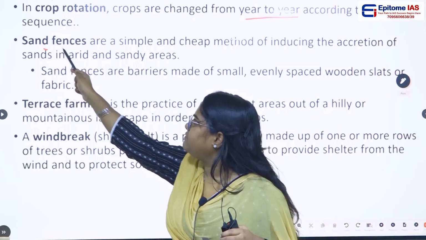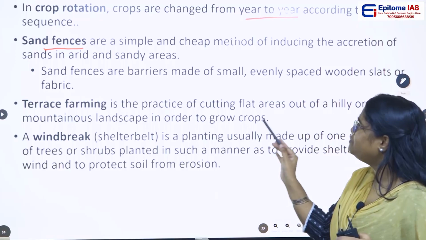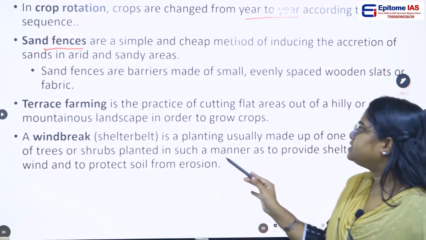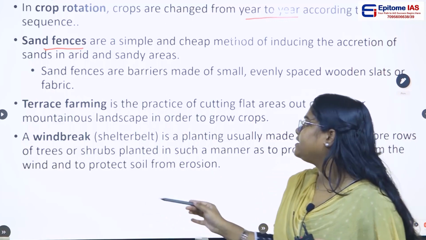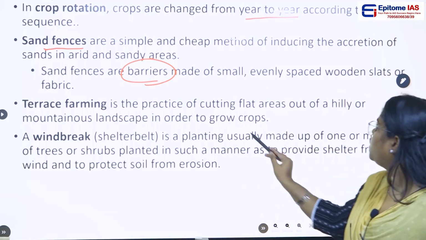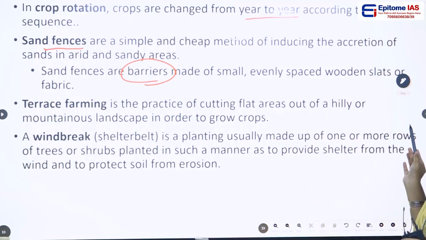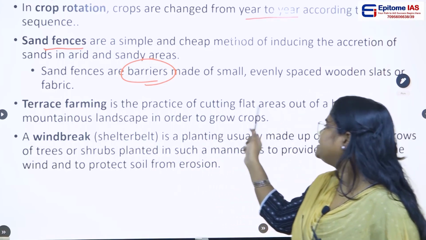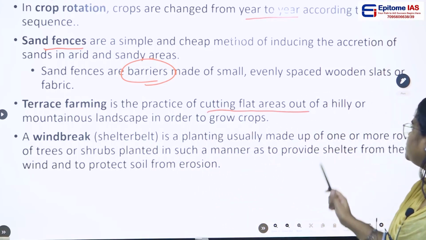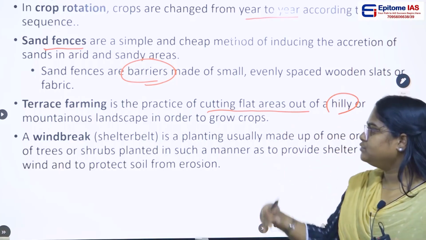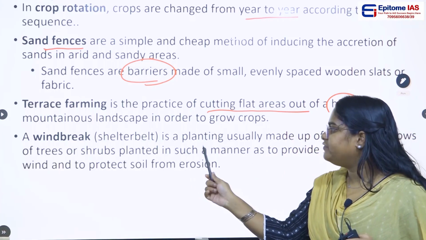And the sand fences, the simple and cheap method of inducing the accretion of sands in arid and sandy areas. So these sand fences are barriers made of small, evenly spaced wooden slates or fabric. Then terrace farming is the practice of cutting flat areas out of hilly or mountainous landscape in order to grow crops. And what is windbreak?